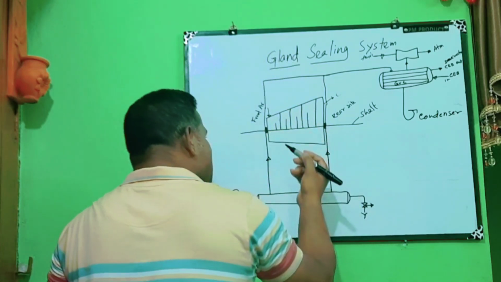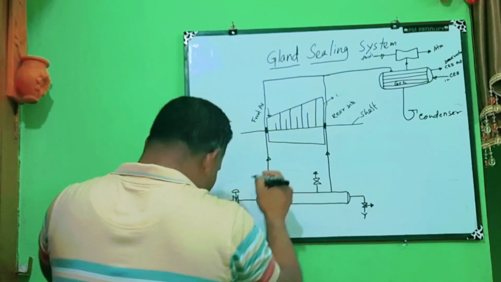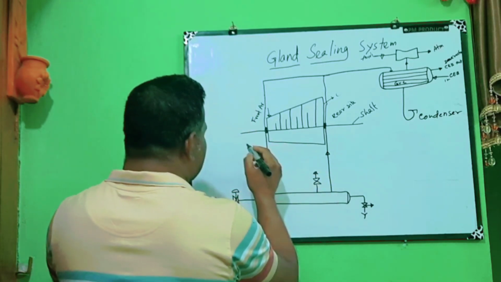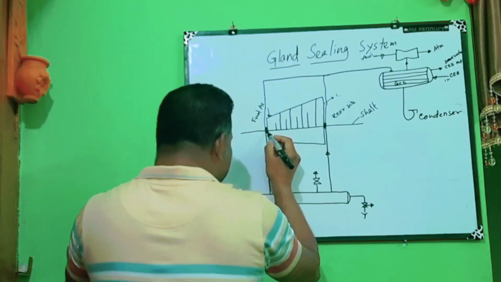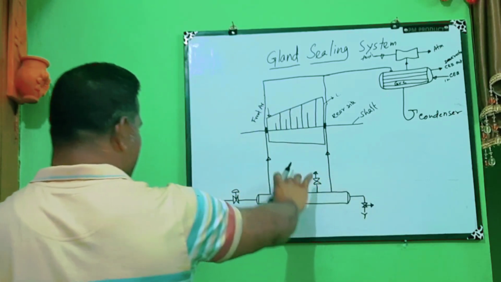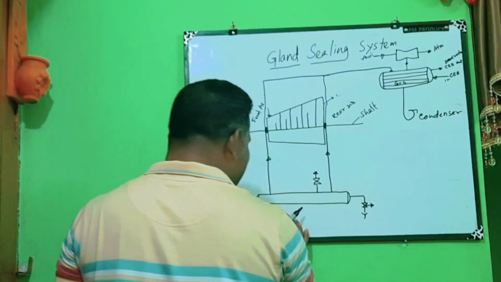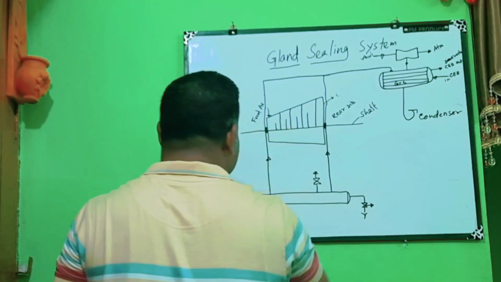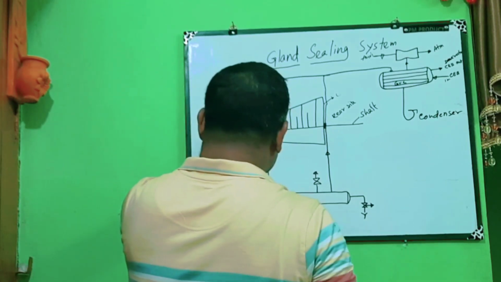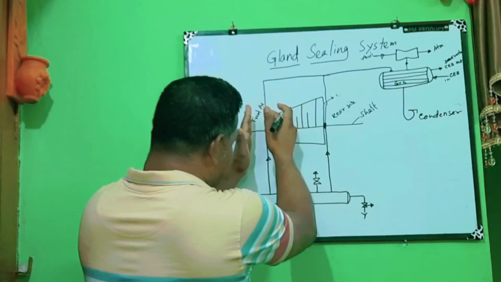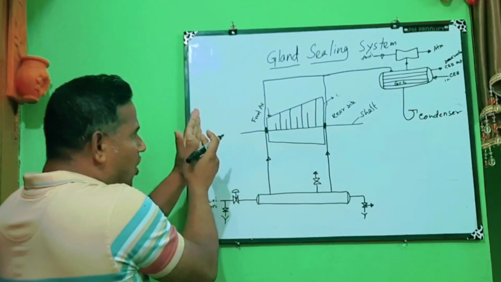But still, some steam will be leaking. For controlling this steam leaking, we provide a sealing steam header. In this sealing steam header, we provide auxiliary steam. This auxiliary steam will go to the gland sealing area, and this way the gland sealing is pressurized, and from the turbine side steam will not leak.